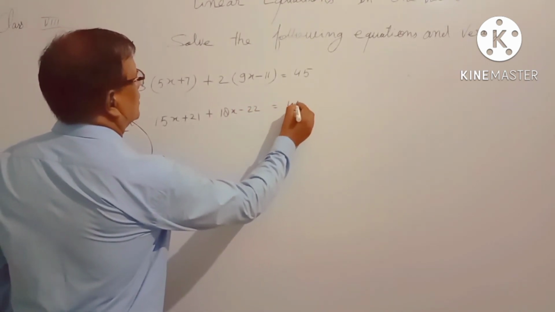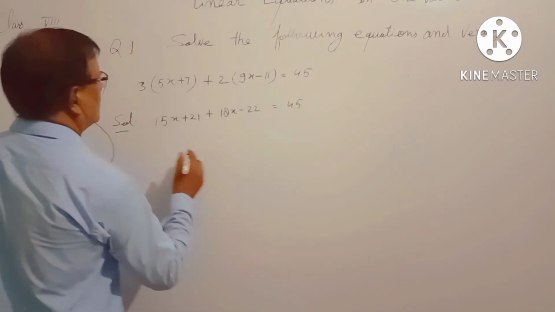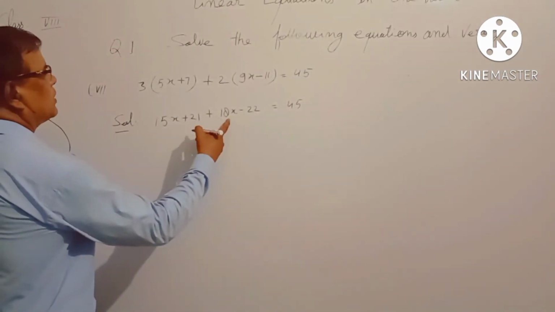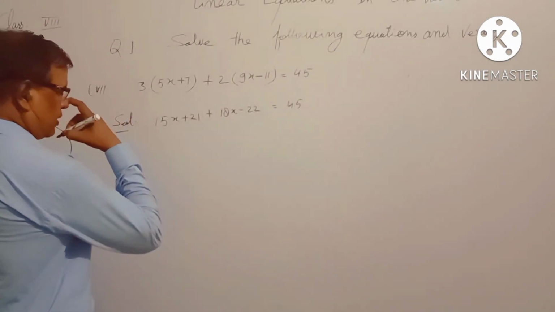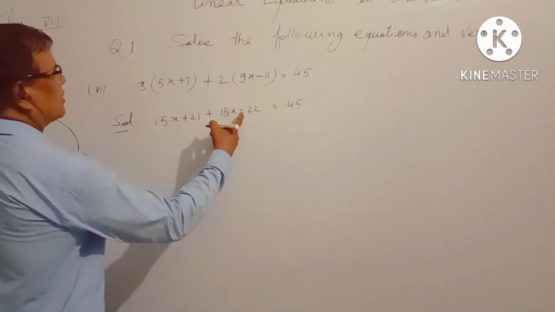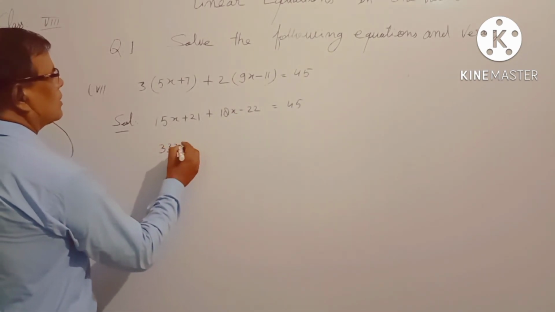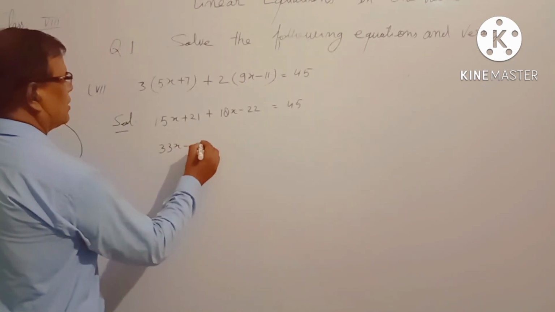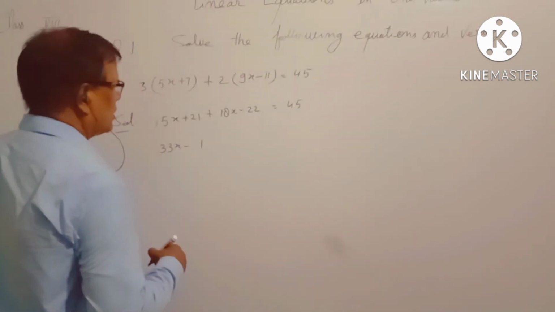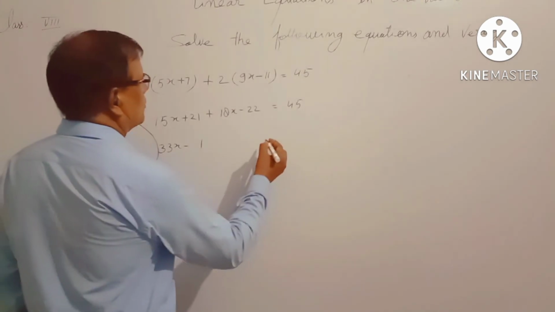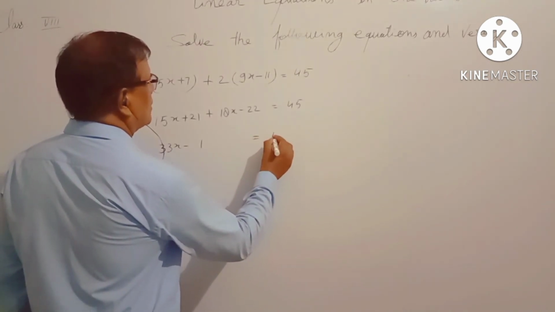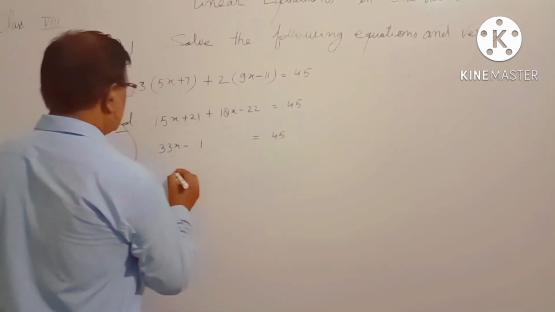Now it is given here 45 as 15 plus 18x, it is 33x. Now here will be minus 1 because minus value is greater, so we will find the difference. Now it is 45.